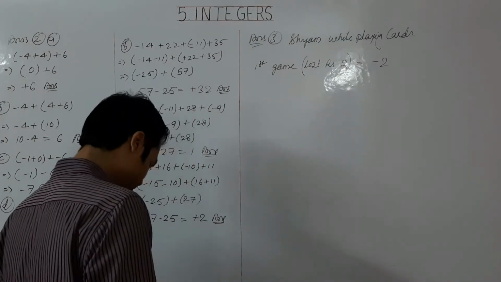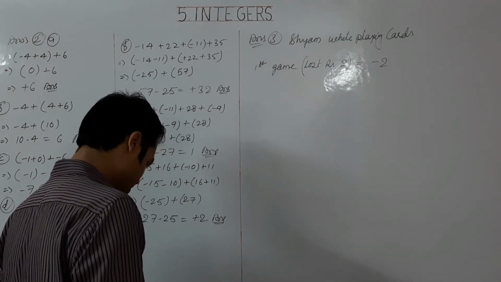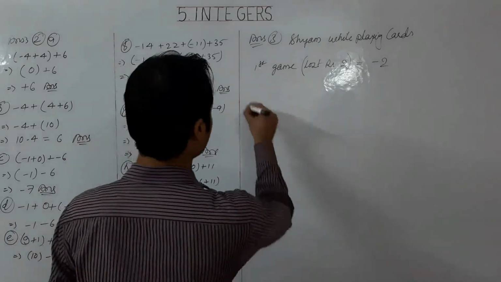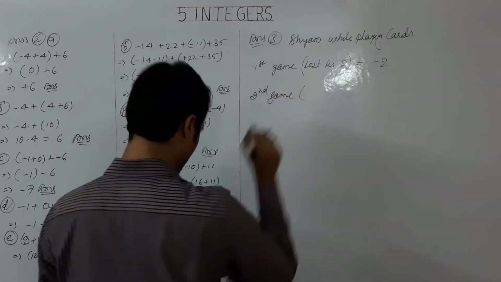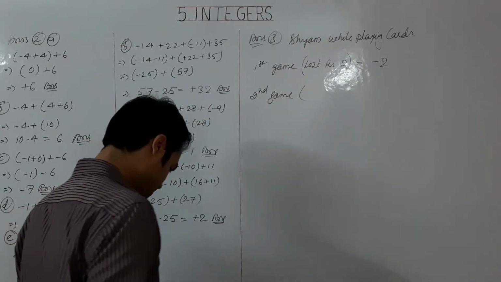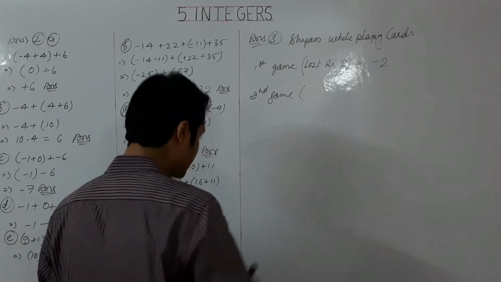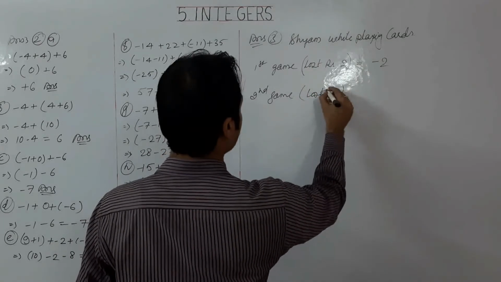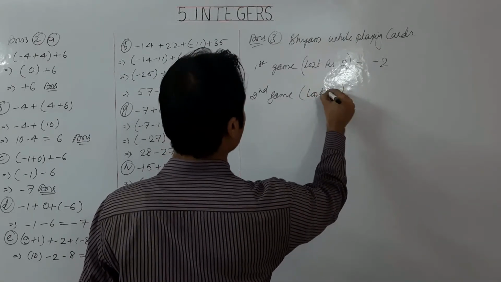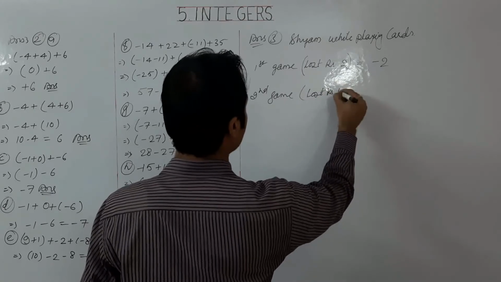Then in the second game, rupees 10. So for the second game, again there is a loss, a loss of rupees 10.